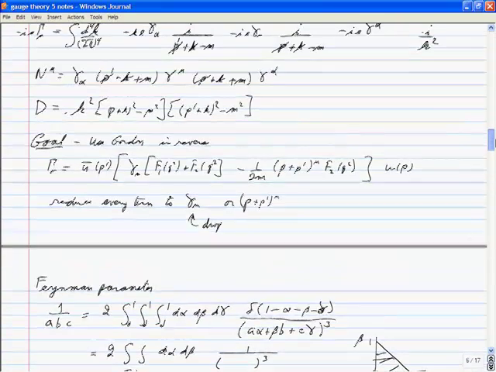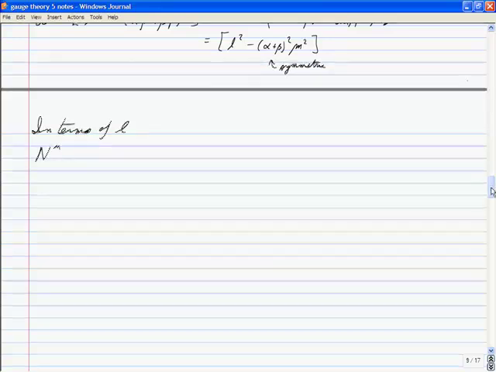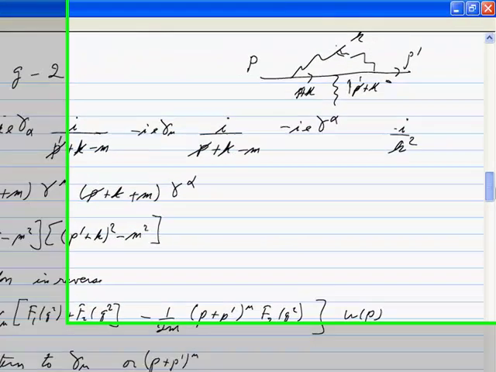So we've done the shift, we've got the denominator in terms of L. We have n mu. Okay, so we just have to shift.